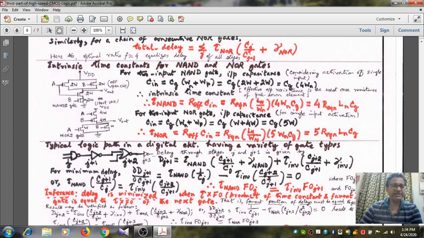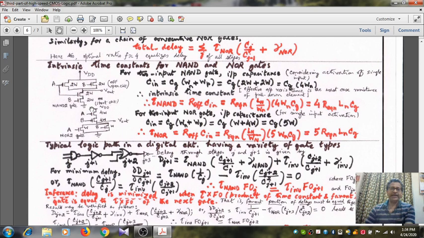Because the effective size will be W, because W is proportional to the conductance of the transistor, and if you have got two transistors in series, the equivalent conductance will be half of the individual conductance. So 2W and 2W, the effective equivalent conductance will be W. So 2W in the worst case, here W. So again it will mimic the behavior of a standard inverter. That's why it is 2W and 2W, right?